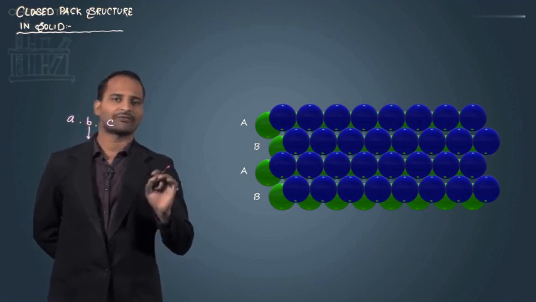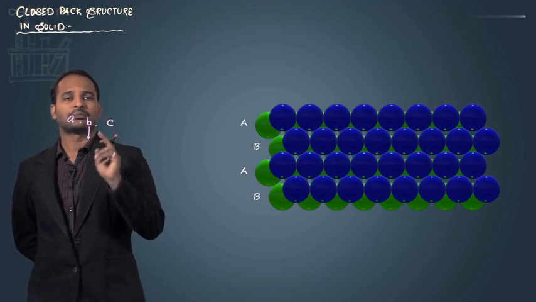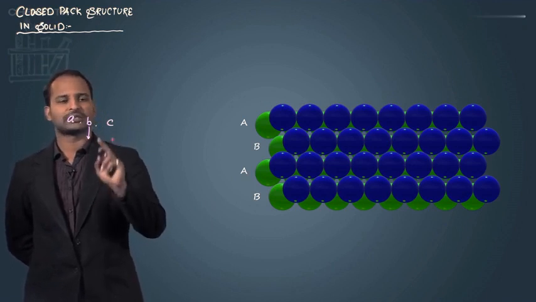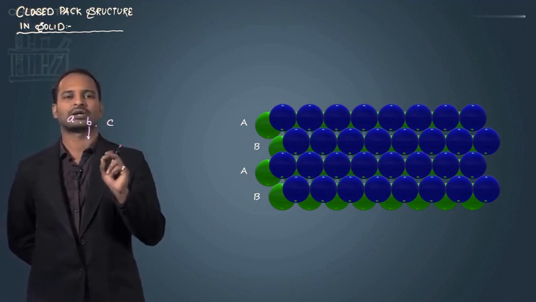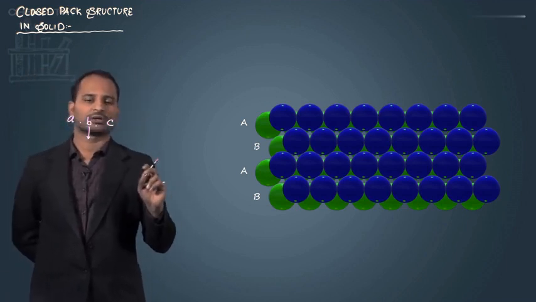As I said, you have to consider the void between the two layers, not more than two, and the number of spheres surrounding the void B is called the coordination number of void B.